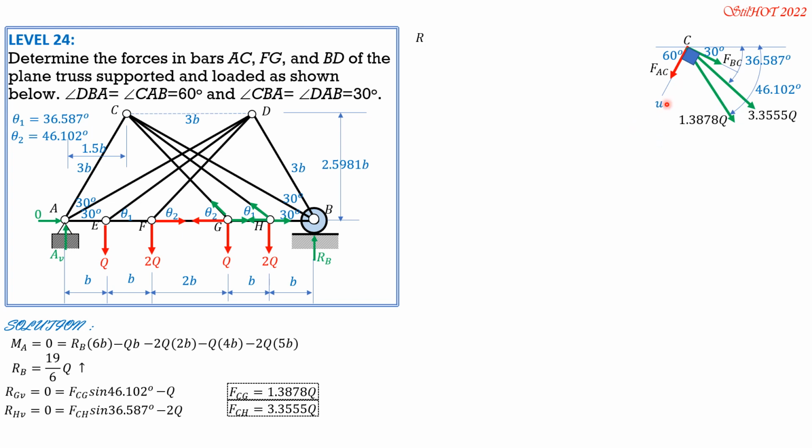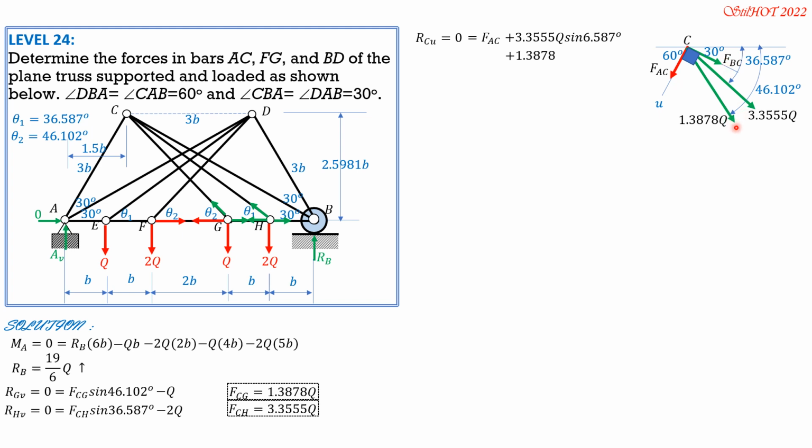So we set, let's call this U axis. Summation forces along U equals 0. FAC is in that direction, so equals FAC. The component of 3.355Q in that direction is plus 3.355Q sine of 6.587, where 6.587 is 36.587 minus 30.